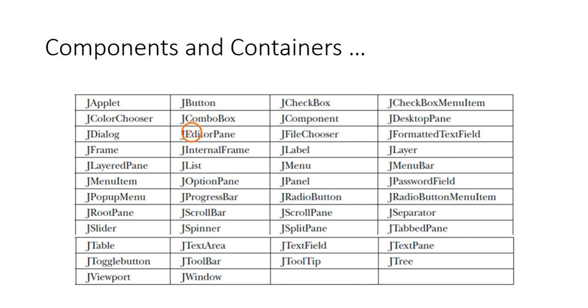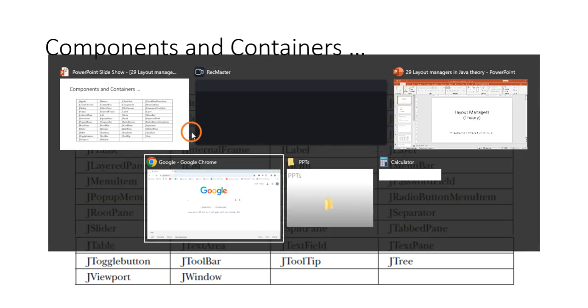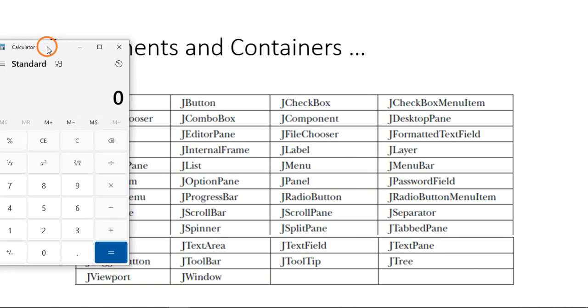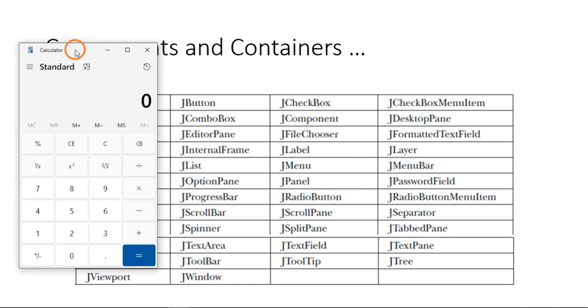Let me bring up the calculator and show you some of these things. For example, this calculator interface you are seeing right now, we will call this the calculator window. The calculator window has an icon, the name of the application, and the minimize, maximize, and close buttons.